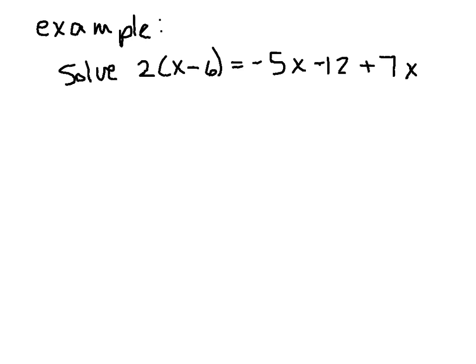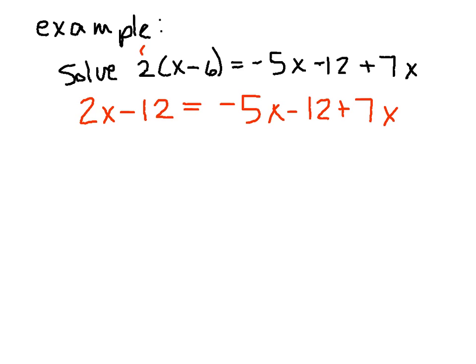Let's try another one. Okay, distribute your 2. Minus 12, negative 5x. I just distributed the 2 to everything inside the parentheses. Now let's collect like terms.